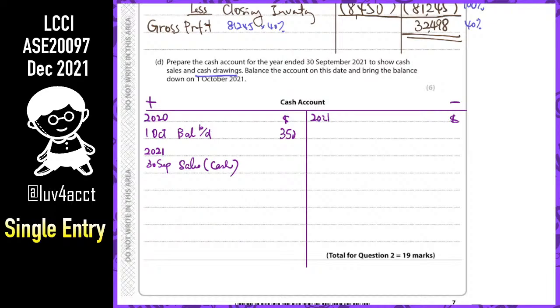Year 2021, 30th of September, I have office expenses. I have trade payables; you can also write trade payables ledger control.